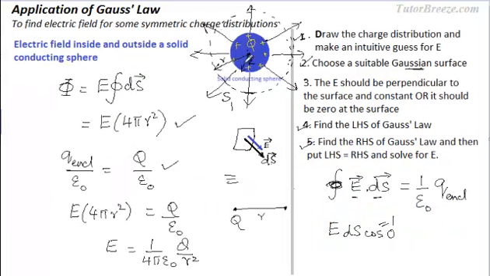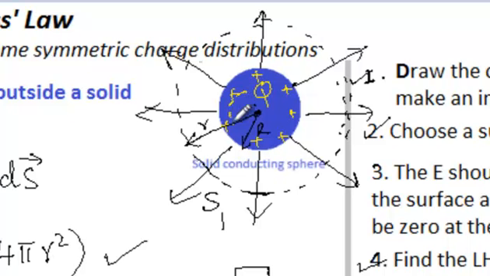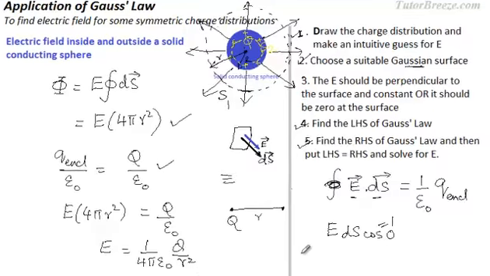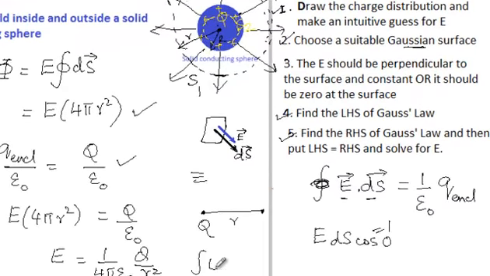Next, let's find the electric field inside the sphere. To find the electric field inside the sphere, we need to choose a Gaussian surface inside the sphere. Say this is a Gaussian sphere and we'll just label this as S2. Now you can see this clearly that the left hand side is the electric flux, which is integral E dot ds, but the right hand side is the charge enclosed.